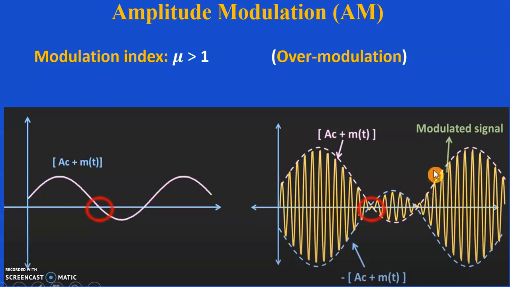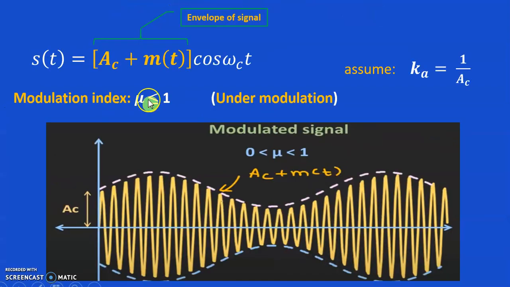So for this envelope detector circuit to work properly, the modulation index mu of this AM signal should be less than 1, as we have seen here in this case, or under modulation.